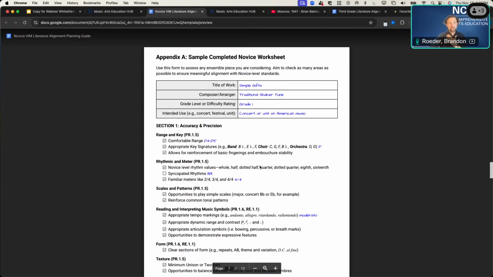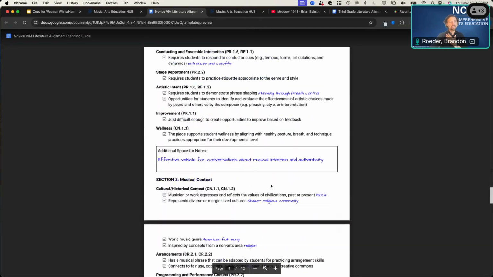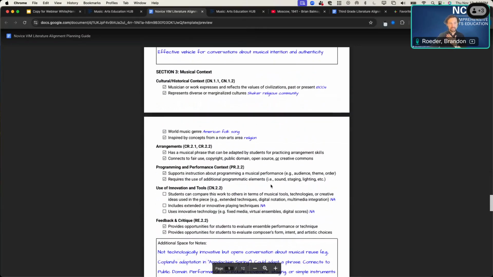That's because accuracy and precision, and musicality and interpretation and musical context, are some of the bins from the MPA rubrics. We really tried to make sure that the language within this was aligned to the MPA rubric as well, so that you don't have to do it twice. Like Johnathan said, it's just folded into the score study.